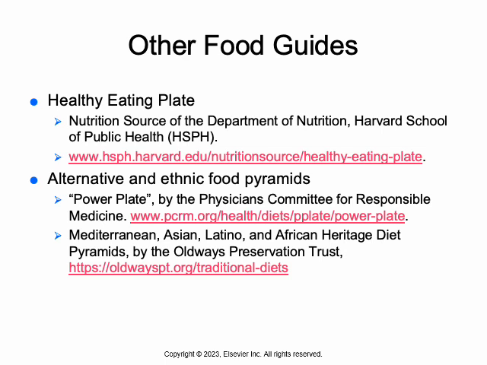One of the first alternative plates developed to address these concerns was created by the Nutrition Source of the Department of Nutrition, which is part of the Harvard School of Public Health. Compared with MyPlate, the Healthy Eating Plate, which is another food guide, provides more guidance as to which types of foods in each category to choose on a daily basis. Based on accumulated scientific research, the Healthy Eating Plate includes only whole grain sources with limited intake of refined grains, and really highlights plant sources of protein such as nuts and legumes, and identifies sources of healthful plant oils.